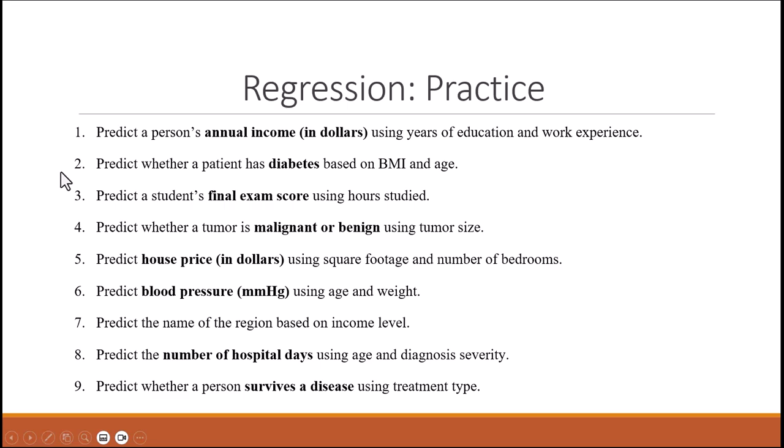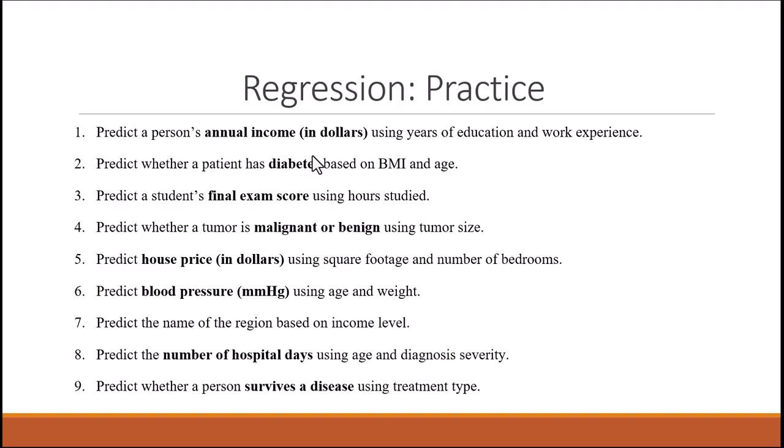For the second one, we want to predict whether a patient has diabetes based on BMI and age. So it doesn't matter how many and which predictors and features we use, but it matters what type of variable we use for our target variable or our dependent variable.